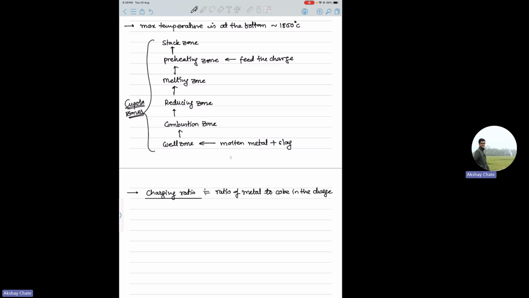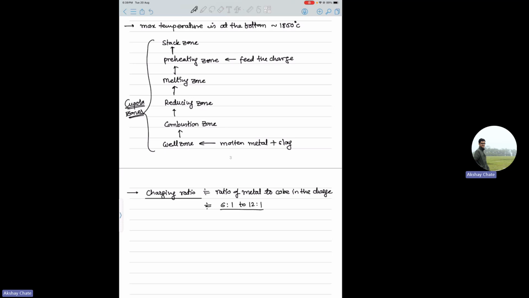See, as I told, in the charge you'll have coke, limestone, and metallic ore, right? So how much metal you put per kg, on a mass-to-mass basis, is what it is called. And typically this value changes. It's not a constant value, but broadly speaking, it should be within the range of 6 to 1 to 12 to 1.